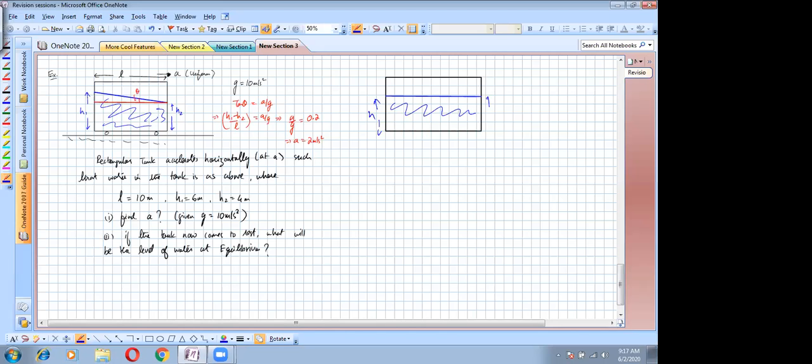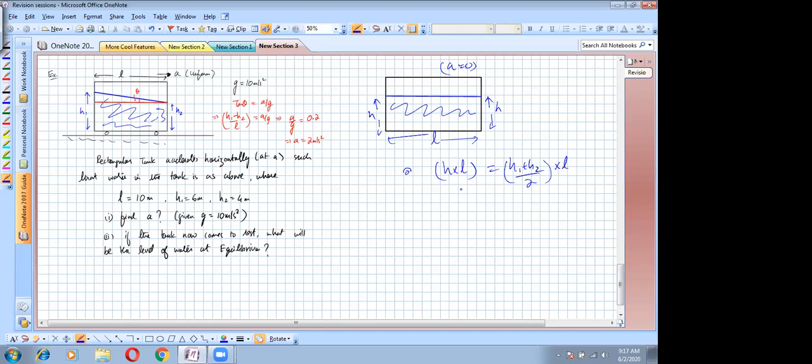Then volume conservation tells us that H into L should become H1 plus H2 by 2 into L, because this area should be equal to this area.